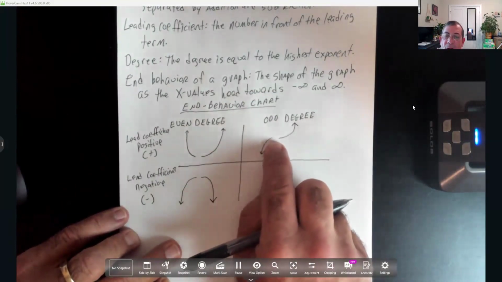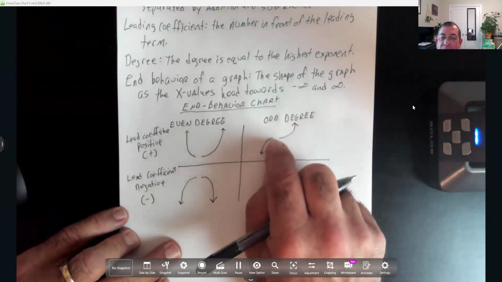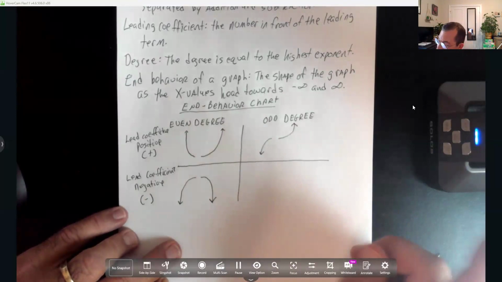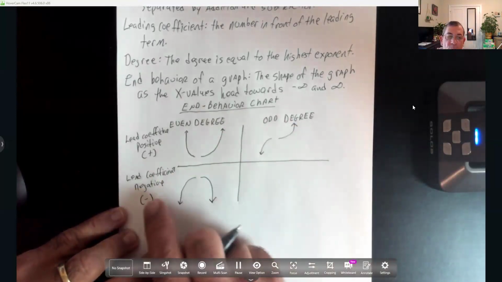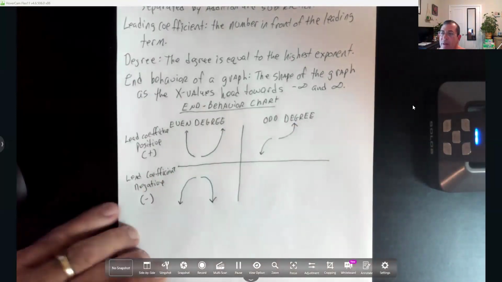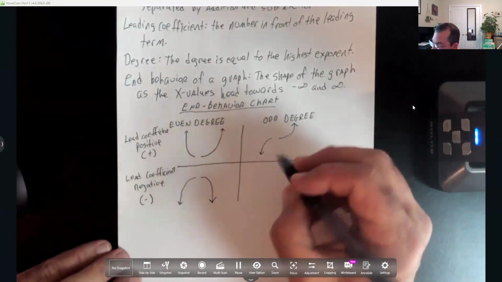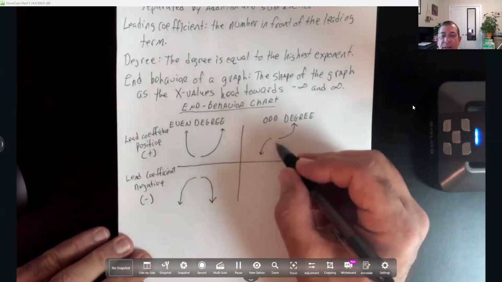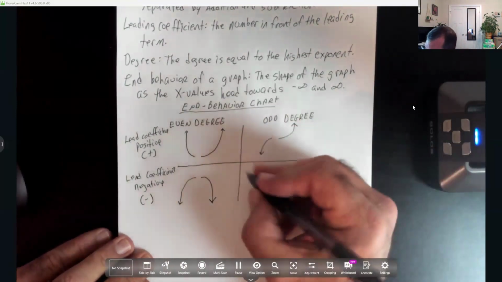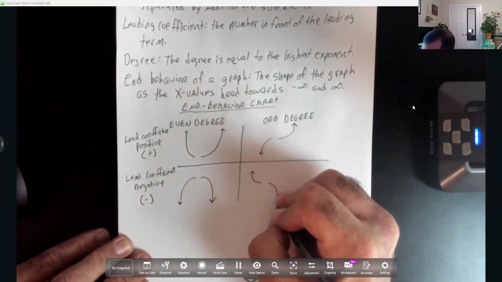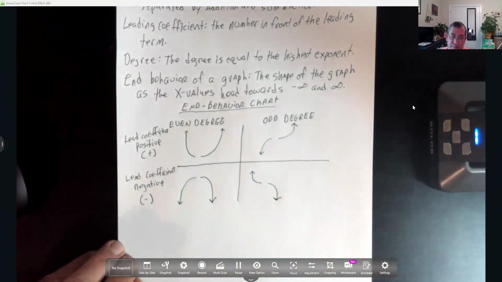And once again, depending on how big that odd exponent is, depends on how many turns we might have in here. So y'all, the last case would be an odd degree with a negative lead coefficient. Well, once again, that negative is going to take that function and flip it over. So if you flip this over, instead of this going uphill left to right, it's going to head downhill left to right.